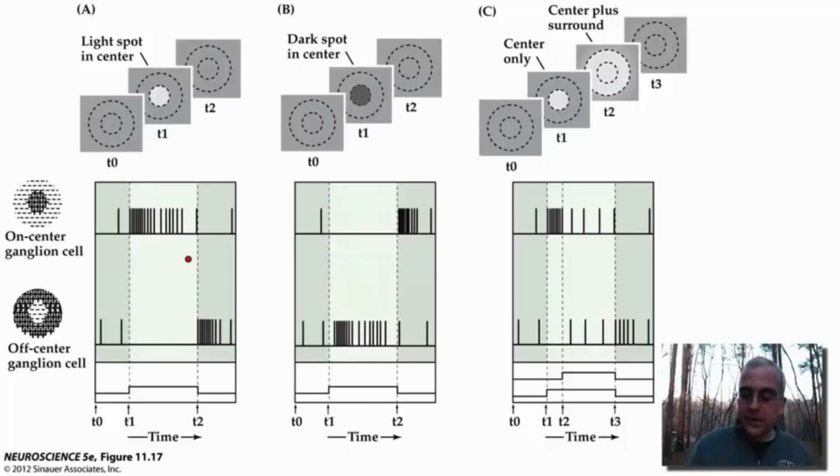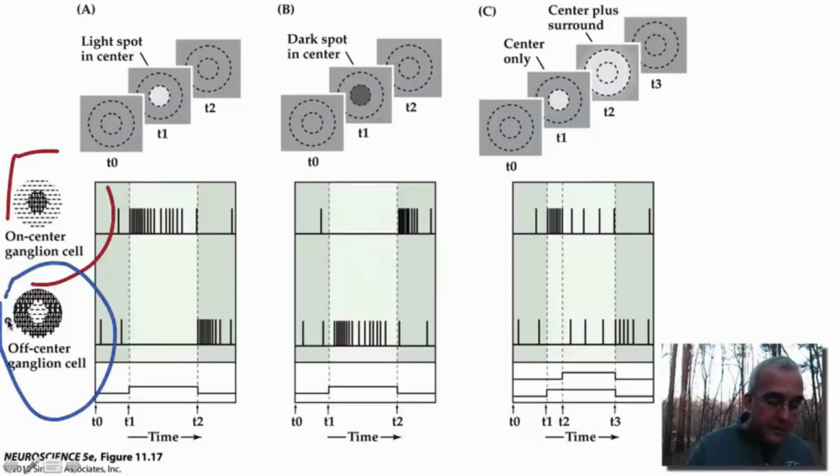Well, putting these things together, we can recognize that there are these two kinds of ganglion cells that have different center surround configurations. There's the on-center ganglion cell that responds best when light strikes the center of its receptive field, and then there is the off-center ganglion cell that responds best when light strikes the surround.